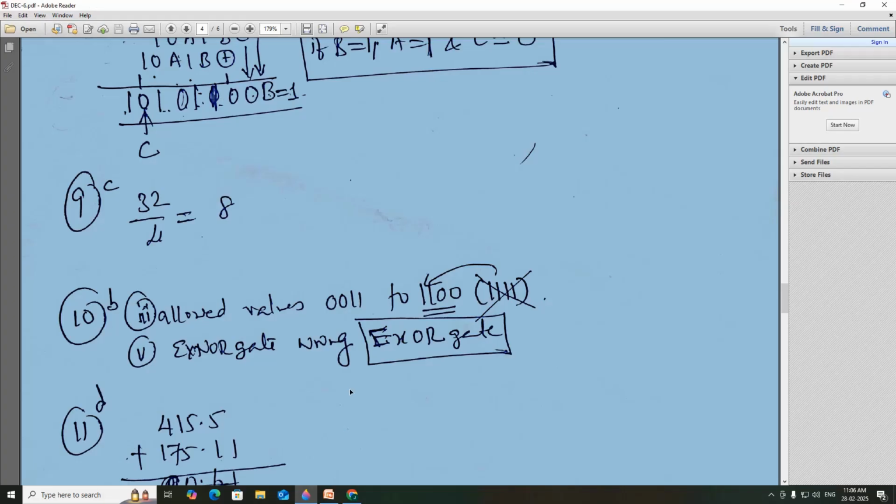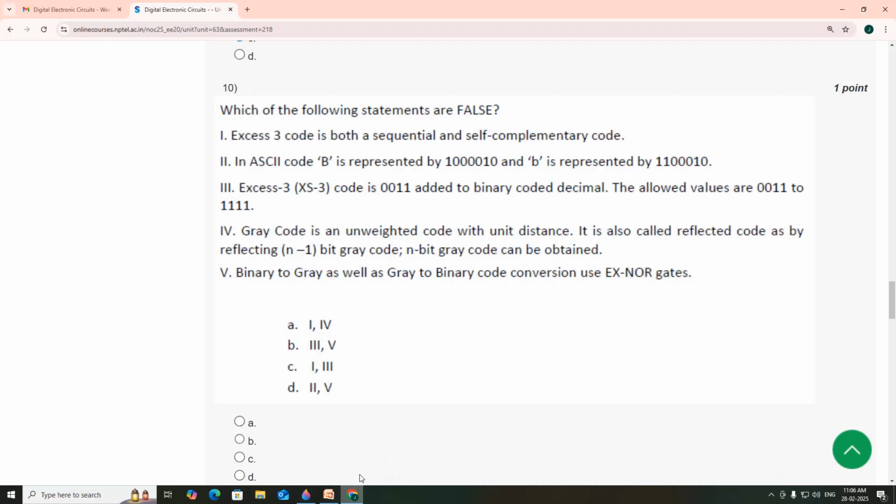One more we will see here, the XNOR gate actually used is the XOR gate. So 3 and 5, option B. 3 and 5, not XNOR, it is XOR.